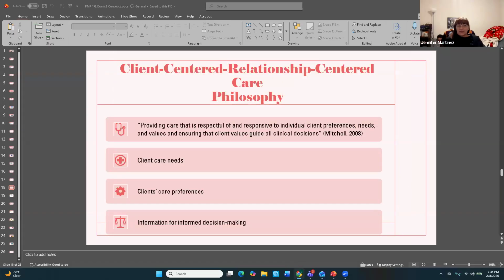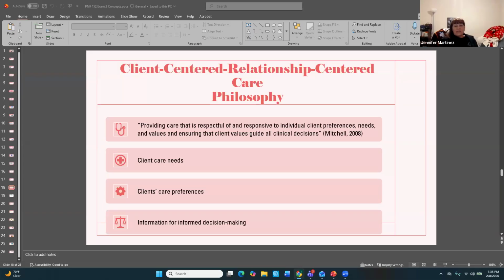Client-centered, relationship-centered care. The client-centered, relationship-centered care philosophy is providing care that is respectful of and responsive to individual client preferences, needs, and values, and ensuring the client values guide all clinical decisions, right?